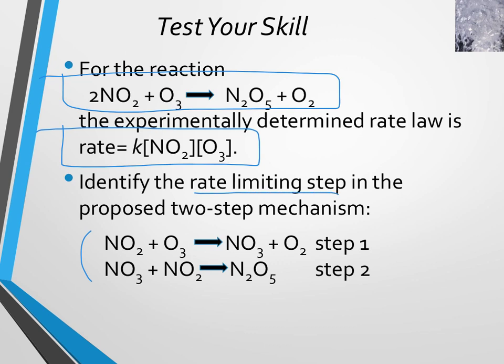The hint I'll give you is remember that the rate limiting step, rate determining step, is the one that determines the rate or the rate law of the reaction. So see if you can put me on pause and figure out which of these two steps is the rate determining step, and then I'll go over it on the next slide.